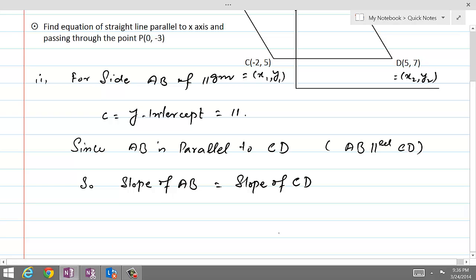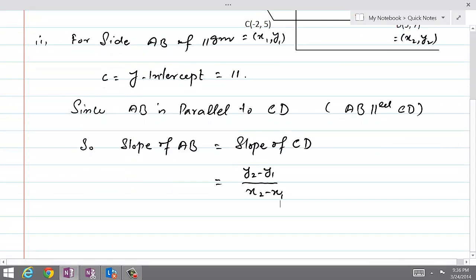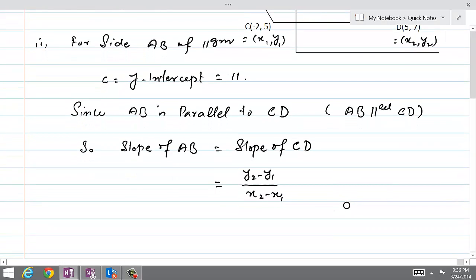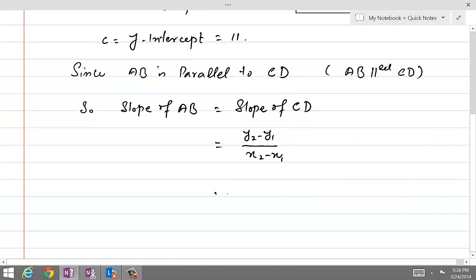Then what will be the slope of CD? We'll use this formula: y2 minus y1 over x2 minus x1. If we use this formula, we will get the value of the slope equal to 7 minus 5 over 5 minus negative 2.